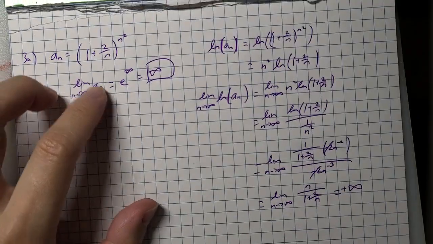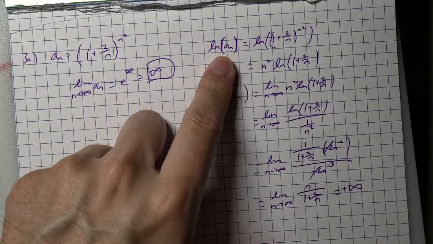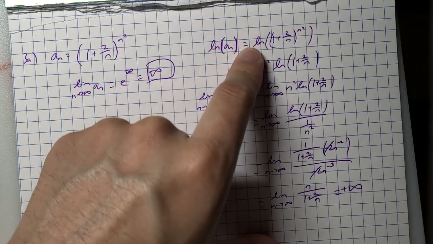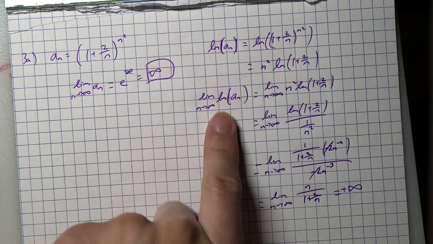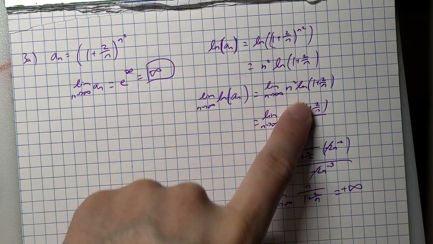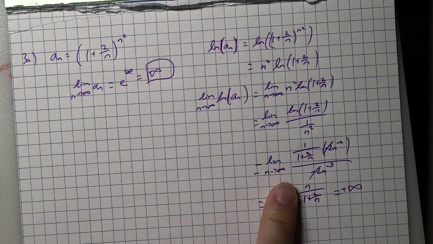Remember, to recap, to take the limit of this guy as it goes to infinity, we first take the natural log of a sub n, which is this guy. Remember properties of logs, so we can pull the exponent out. We took the limit of this guy. We can rewrite it as this. And then we use L'Hopital's rule. So let me put LH there.